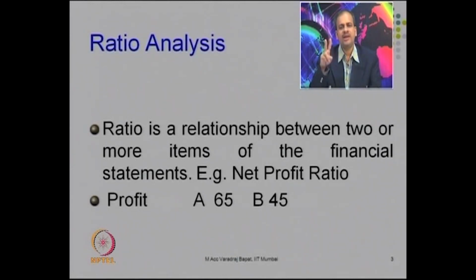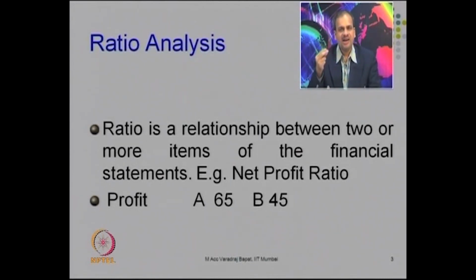If there are two entities A and B, A earns a profit of 65, B earns a profit of 45. Now, which one is more profitable? A is more profitable or B is more profitable? You may immediately feel that A is more profitable, because in absolute terms A has earned a profit of 65 versus B's profit of 45.